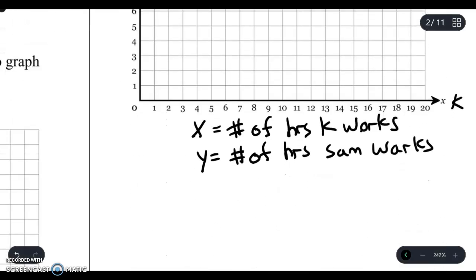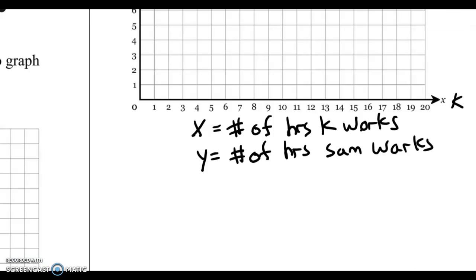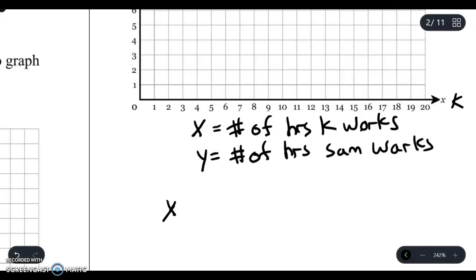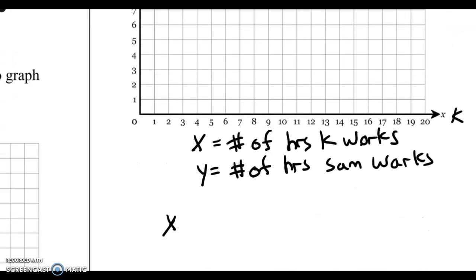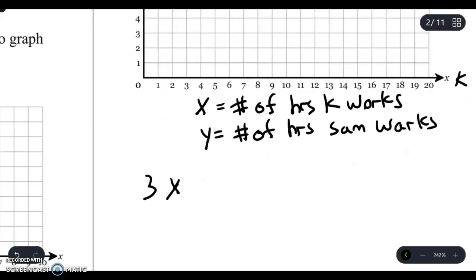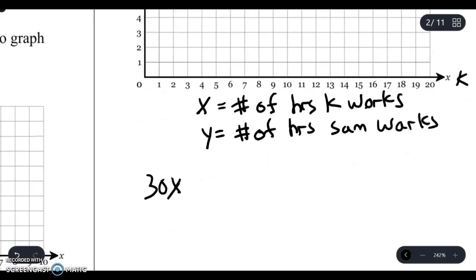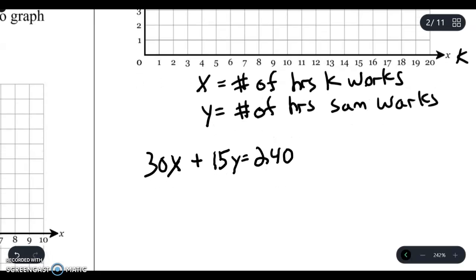So for every hour Kay works, which is X, she gets 30 shirts done, and every hour Sam works, she gets 15 shirts done. Together they get 240 shirts. We put the Y in here. So that's one equation: 30x + 15y = 240.